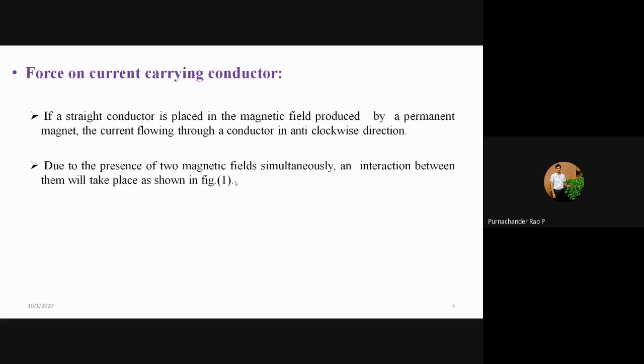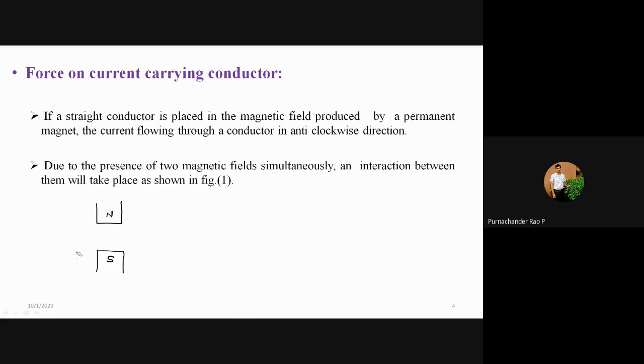Let us assume this is a north pole and this is a south pole, which is present in the stator.